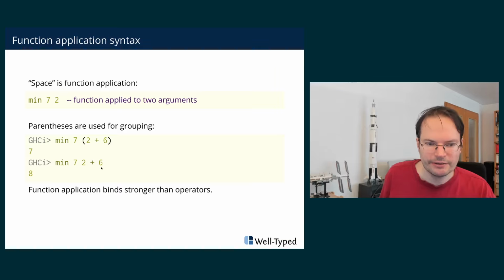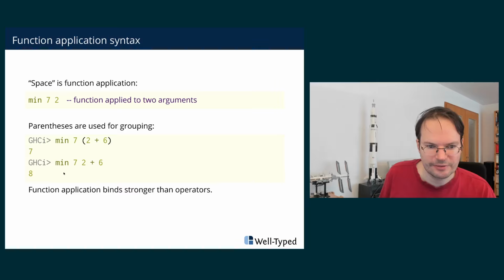If we did not place these parentheses there, Haskell would still accept the expression, but as a ground rule, function application binds stronger, as far as Haskell is concerned, than any other infix operator, such as plus.